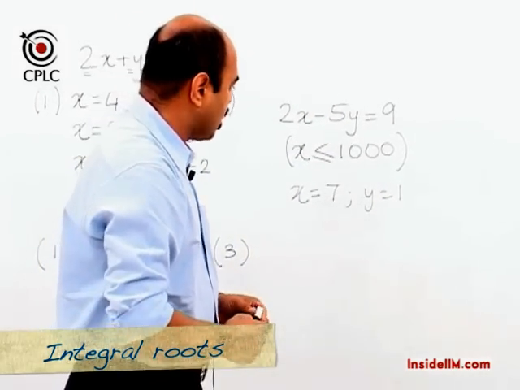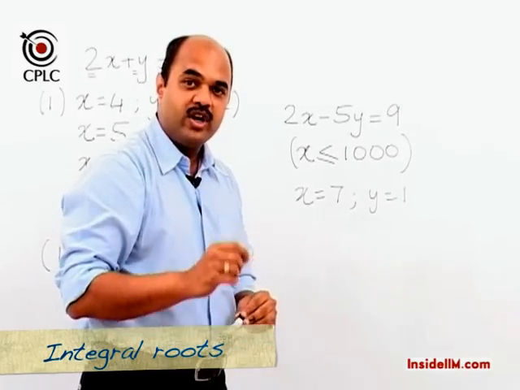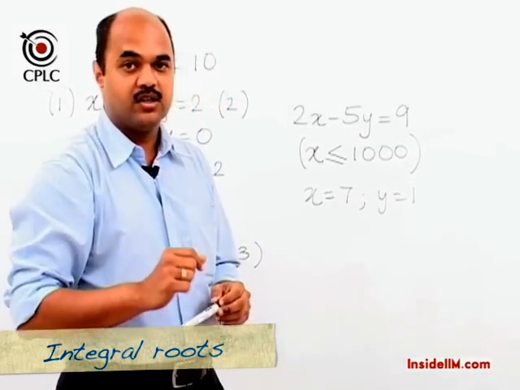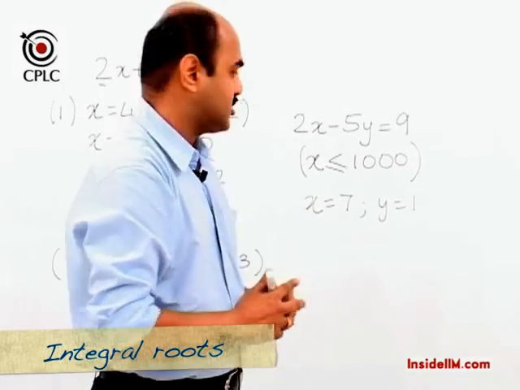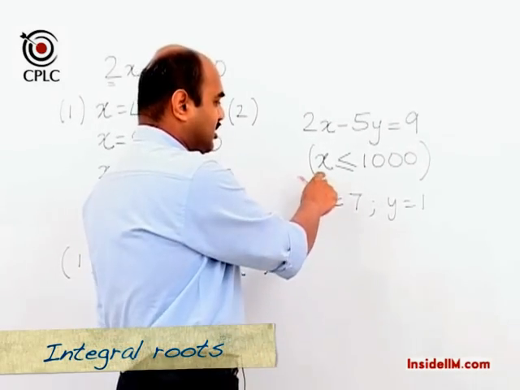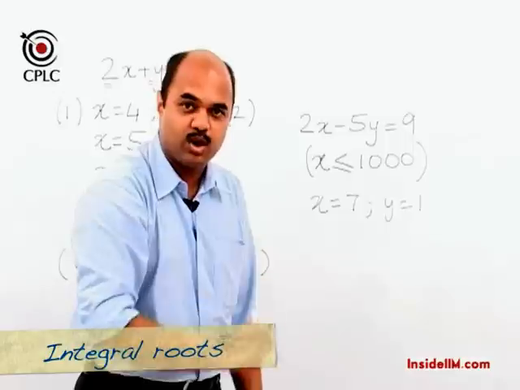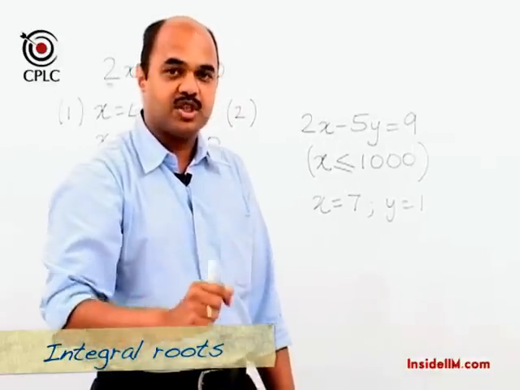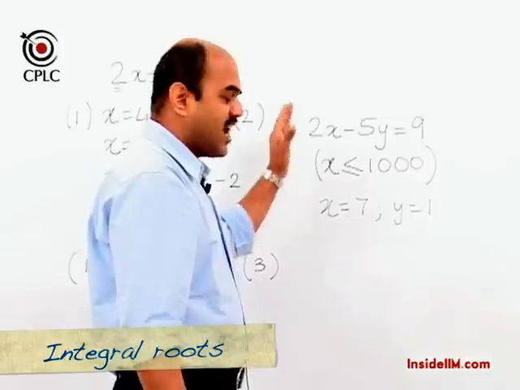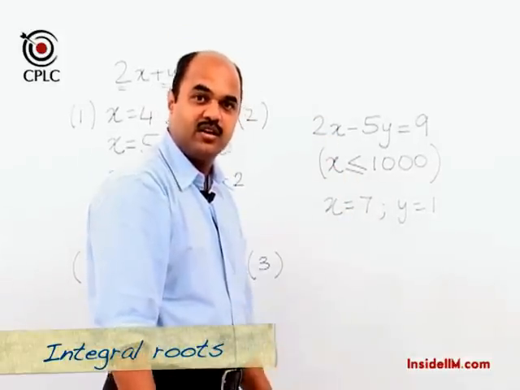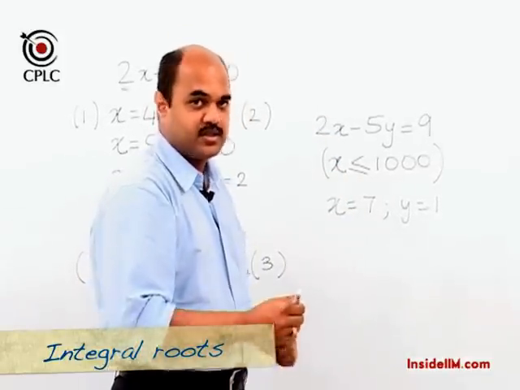Suppose the question talks about only positive integral solutions, which means x and y have to be positive integers. And it is also mentioned that x is less than or equal to 1000. The largest value that x can take is 1000. So the question is, how many such integral solutions exist?